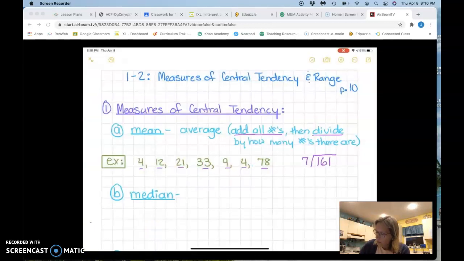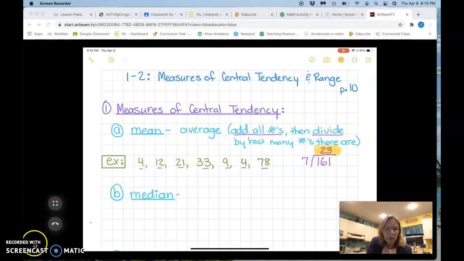That means the mean, or the average, of these numbers is 23. And that's my answer for mean. Okay, so when you think of mean, I want you to think of average.